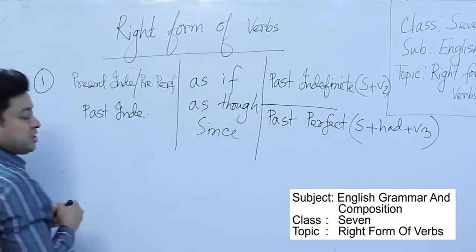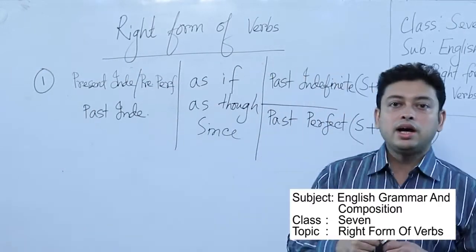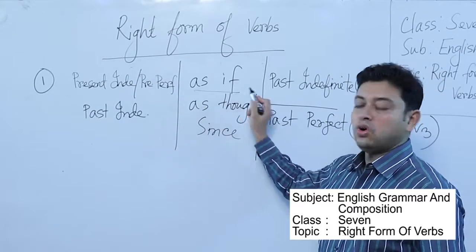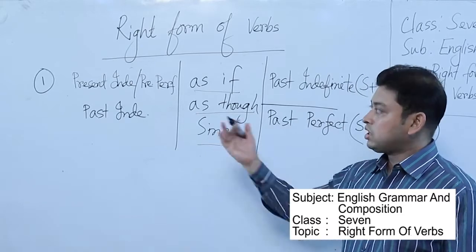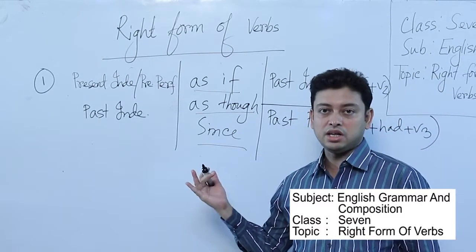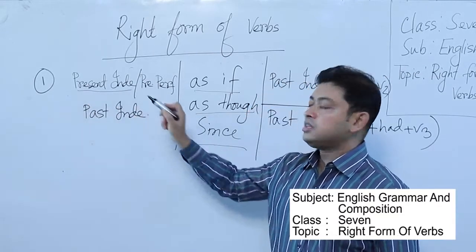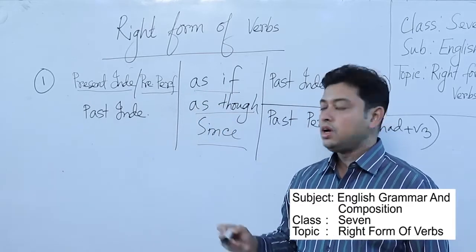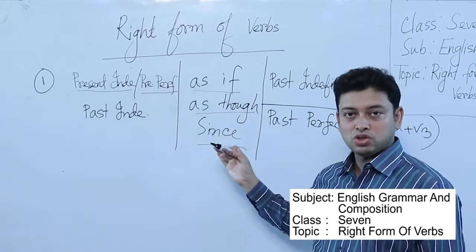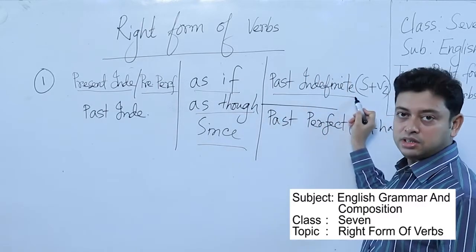Past perfect means subject plus had plus V3. So there are two clauses, as we discussed about clause. If there are two clauses and there is as if or as though or since in the middle, what kind of grammatical changes would happen here? We will see from here. If there is present indefinite tense or present perfect tense in the first clause, and there is as if or as though or since, the tense of the other clause will be past indefinite.